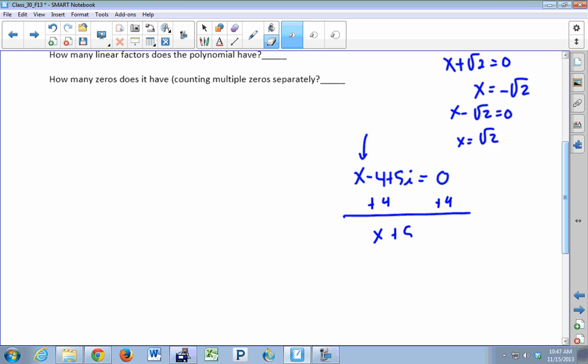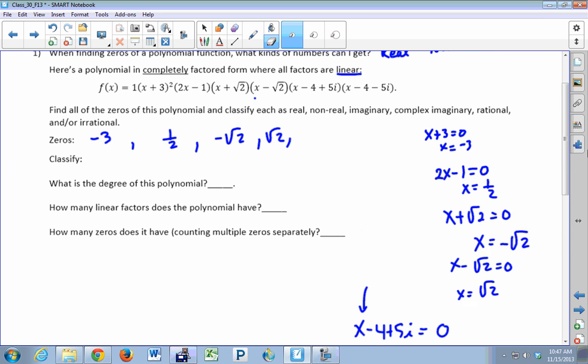X plus 5i equals 4. And now how do we get rid of the plus 5i? Subtract. You undo it by subtracting, okay? So x equals 4 minus 5i. Okay, so I'm just putting that in parentheses so it helps me see it as a single number. So that's one of my zeros, 4 minus 5i.